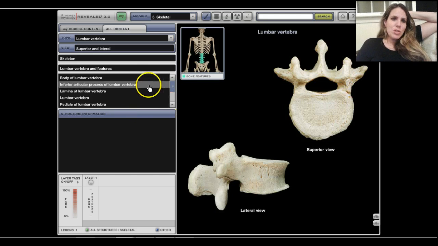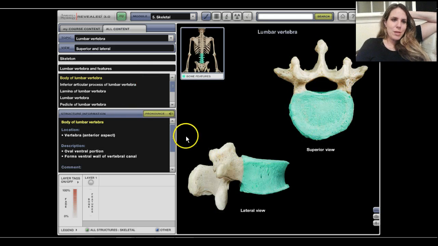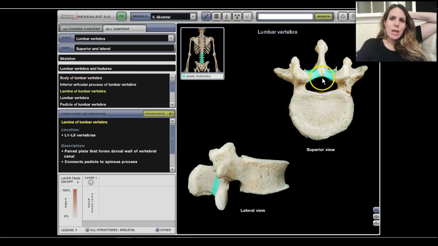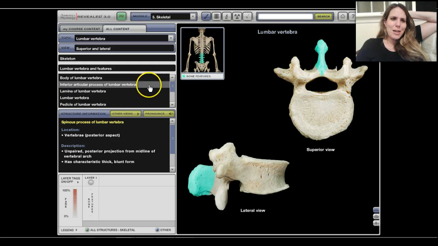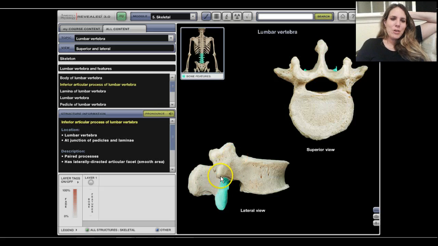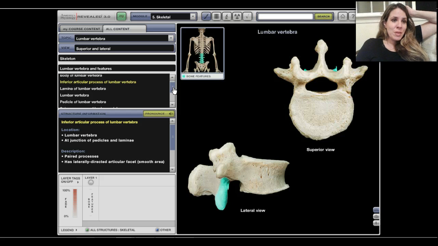So let's do some of the ones you already know. Obviously, you know where the body of the lumbar vertebrae is. You know the lamina, which are right by the spinous process. These ones are pretty, we're kind of back to vanilla here, back to general. Okay, so you do have inferior articular processes, but they're just articulating with the bones below them.